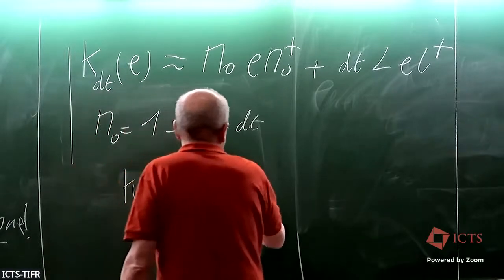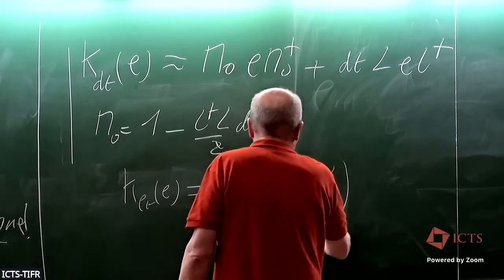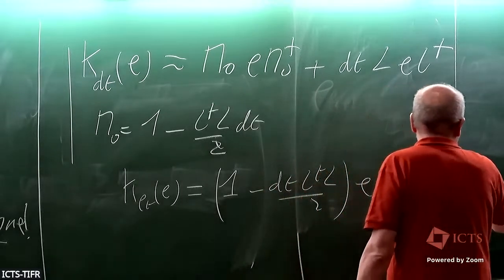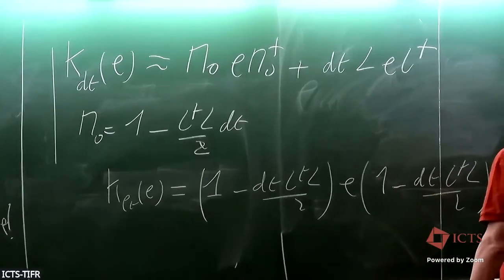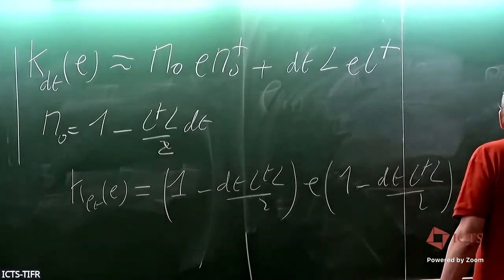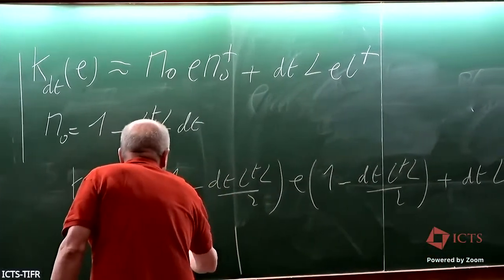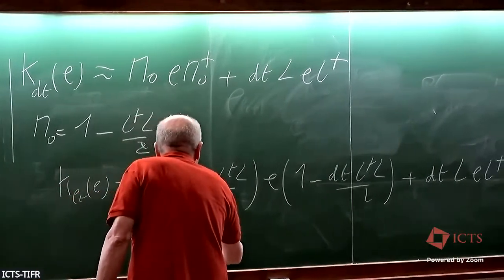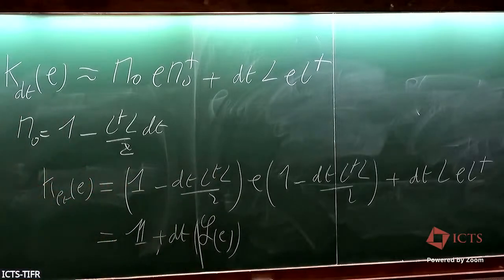It is 1 minus dt L dag L over 2, rho, 1 minus dt L dag L over 2, plus dt L rho L dag. So you see that it is 1 plus dt L of rho, which is here, okay?